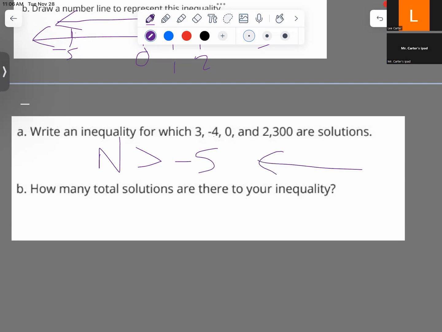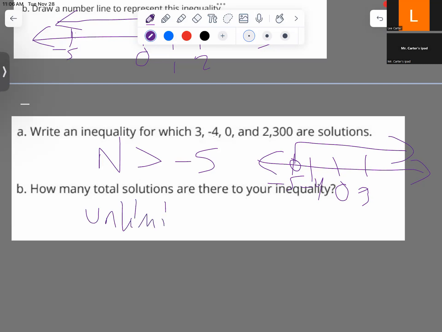Think about what I'm saying here. So if negative 5 is over here, we can start with negative 4, but not negative 5. So negative 4 is included, 0 is included, 3 is included, and then way over here, 2,300 is included. How many solutions are there to that inequality? They're unlimited. Why? Because they could go to infinity, right? Like it could go to 5 million.